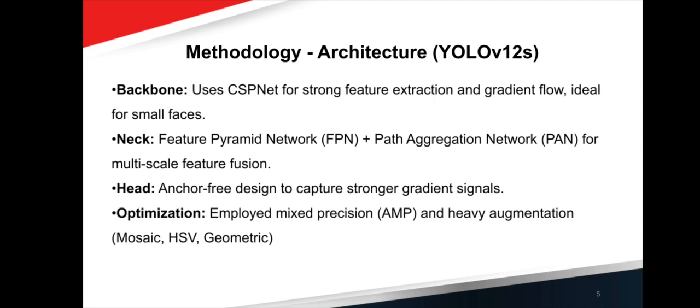And we use the feature pyramid network, FPN, and path aggregation network, PAN, for multi-scale feature fusion. The head of the architecture is designed to capture the strong gradient signals. Optimization: we employ mixed precision, AMP, and heavy augmentation.